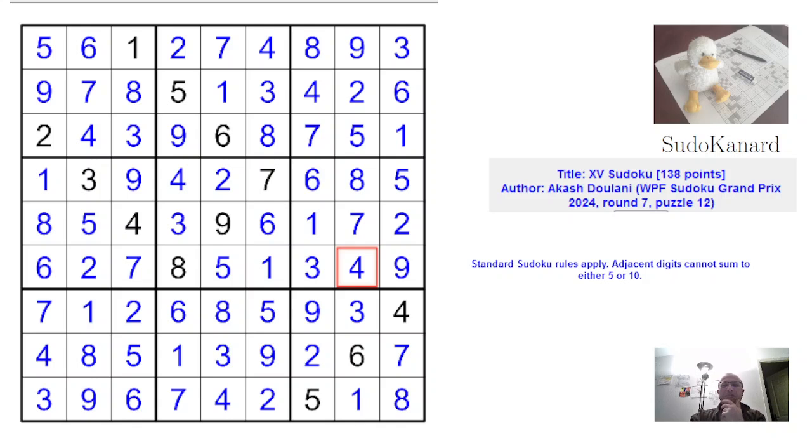So it's surprising that they didn't ask. And being myself a regular tester of puzzles by Akash Doulani, I kind of asked him to nerf some of his puzzles for his books. So it's quite surprising that this one wasn't, well.